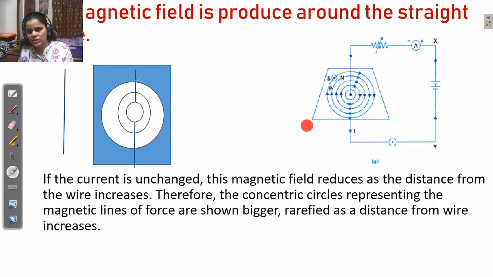The concentric circles representing the magnetic lines of force are shown bigger and rarefied as distance from the wire increases. Understand?